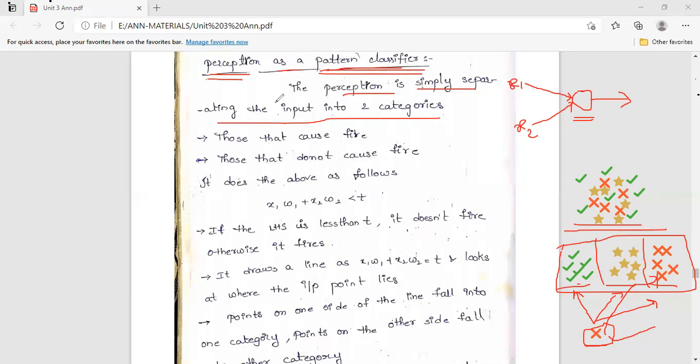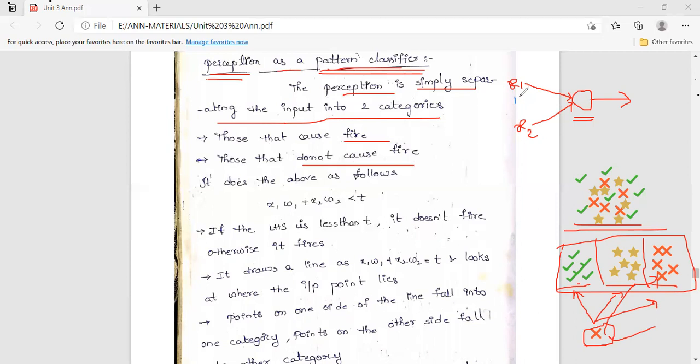What are those two categories? First, those that cause it to fire, and second, those that do not cause it to fire. The input may be fired or not fired. What is the meaning of fire? If it is activated to perform some action, then that is called fire. If x1 is fired, it means the x1 value is 1.